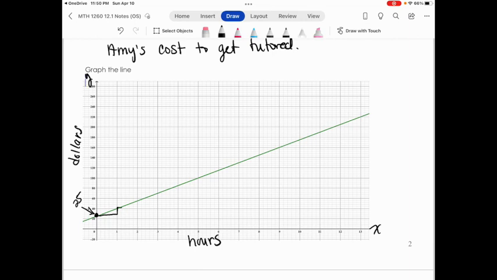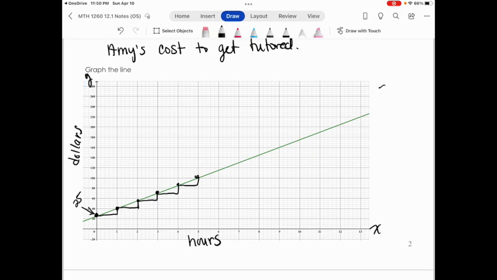Then if I do another hour of tutoring, I come over to 2 hours, I have to go up another $15. So I'm going to make these steps, and then I can connect all those points, which forms my line. So that's using the slope and the intercept to graph.